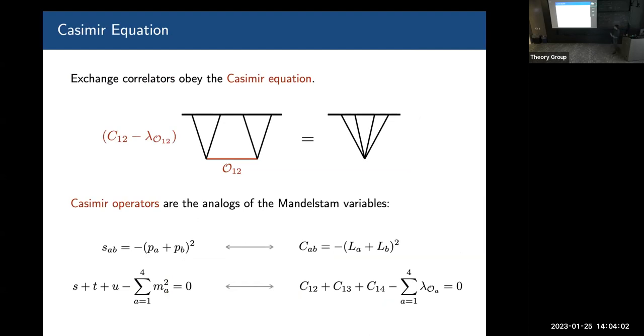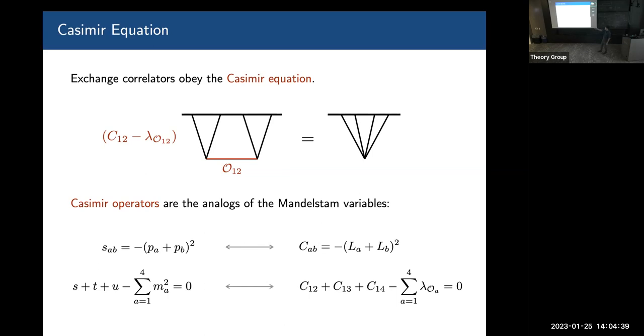Another benefit of using this language is that these conformal generators give something called the Casimir equation. Here by C12, this is basically the quadratic Casimir L squared that corresponds to the internal operator O12, and that has the eigenvalue lambda O12. By acting with this particular combination, C12 minus lambda O12, what it does is that it acts on this exchange diagram and collapses this propagator.